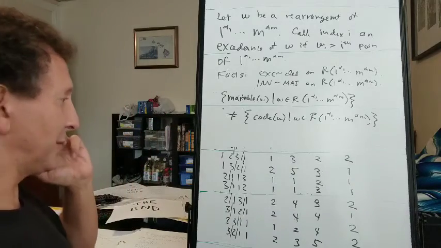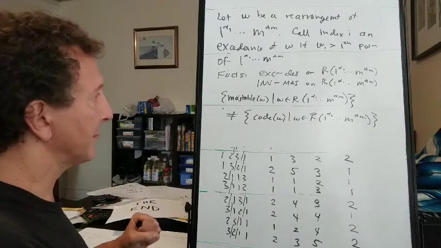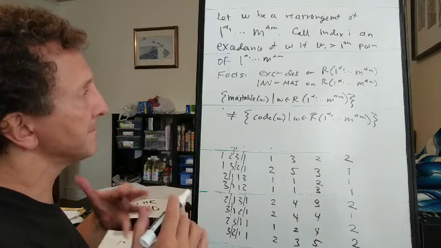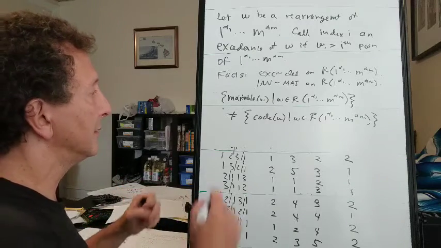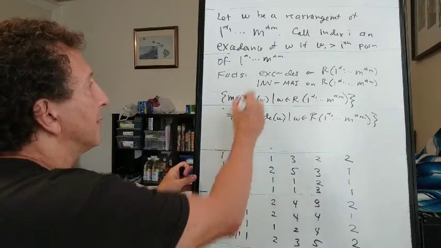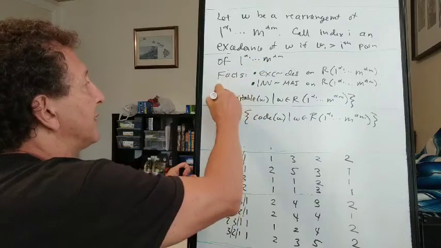So that's not the outline of the proof. And it's also true, so we've got 3 facts here.